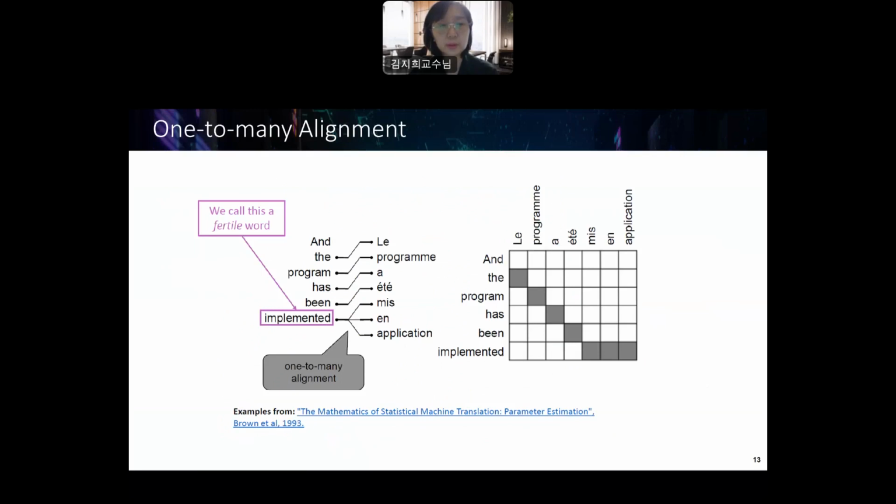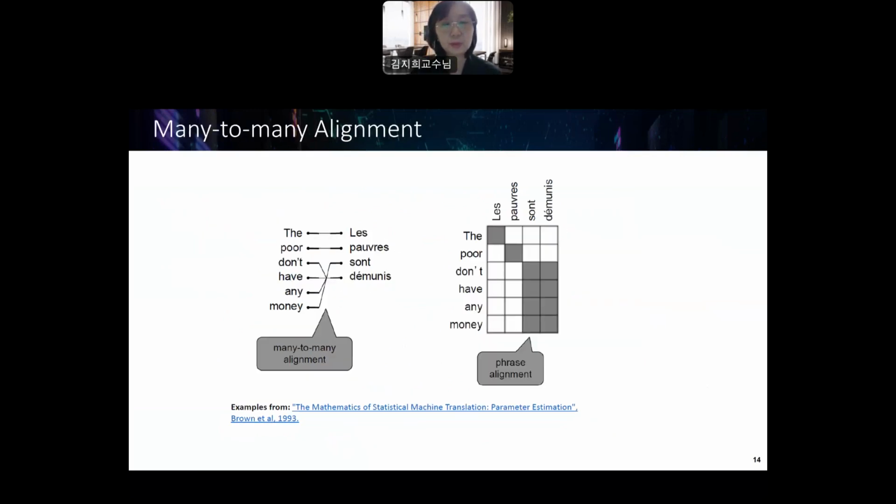For one-to-many mappings, as you saw in the example, "implemented" could be mapped to "mis en application", so one-to-many, and this could sometimes be called a fertile word. And even many-to-many, which cannot be broken down into one-to-one mapping. It has to altogether map to a cluster of words. This altogether maps to these two words in French.